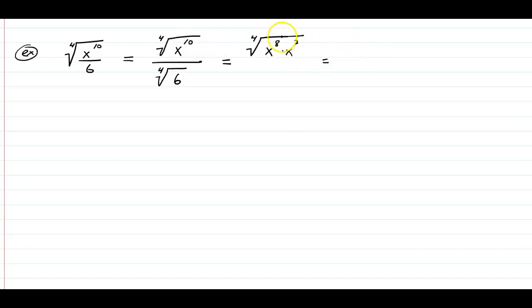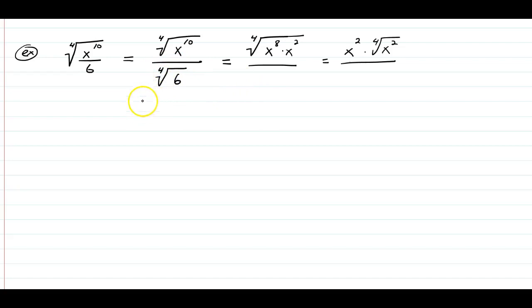And if I do 8 divided by 4, that gives me x squared times the fourth root of x squared. Now the bottom, 6 only breaks down to 2 times 3, so there's not really anything I can do there.